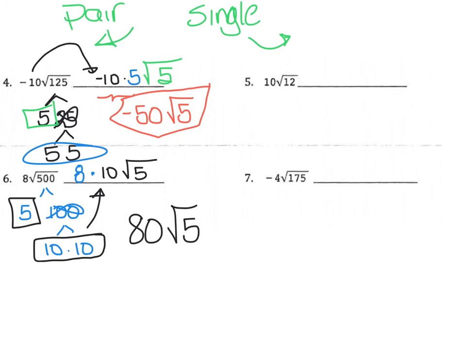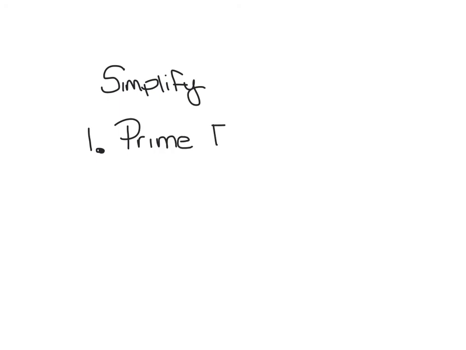So we want to look at, okay, remember we have our steps that we would like to follow when it comes to simplifying radicals. The steps are, see if you remember, the first one is what? It's prime factorization. You factor the number under the radical.